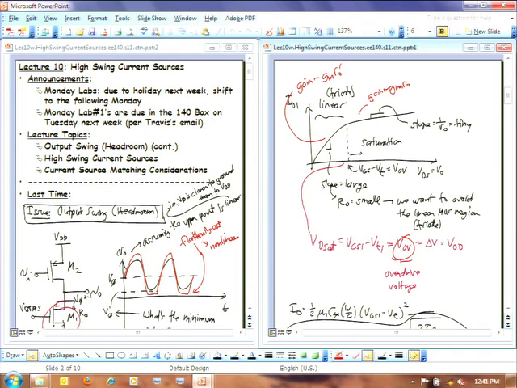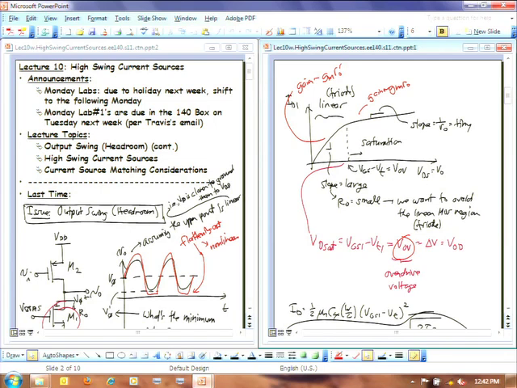But I guess it's both clipping if you're biased exactly in the center between those two. But if you're biased somewhere down here, arguably you could still say, when you're doing things like calculating dynamic range, you're going to assume your bias point is in the best point that it can be in. Does that make sense?